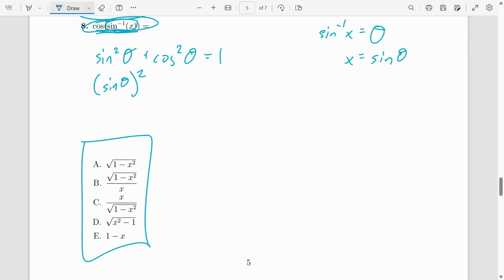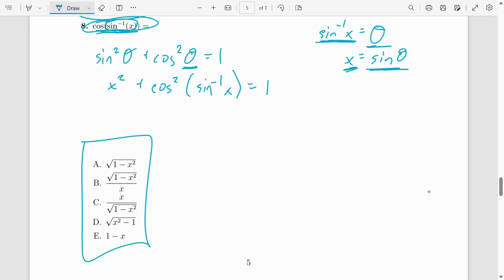But anyways, we're going to replace the sine theta here with x, because x equals sine of theta as we defined. So this is going to become x squared plus cosine squared of theta. This theta here, we're going to replace with inverse sine of x, which is equal to theta as we said over there. So cosine squared of inverse sine of x equals 1, with the x squared term.